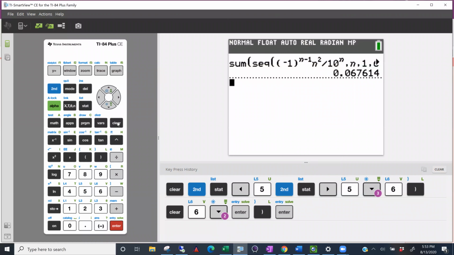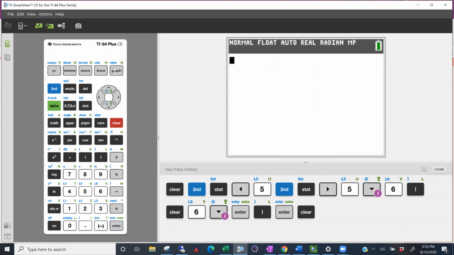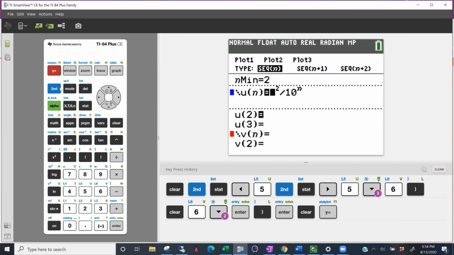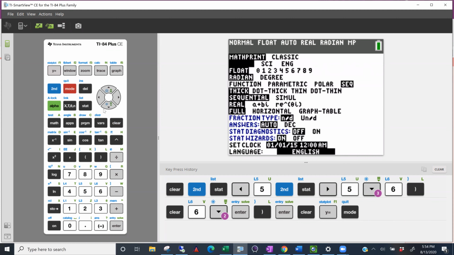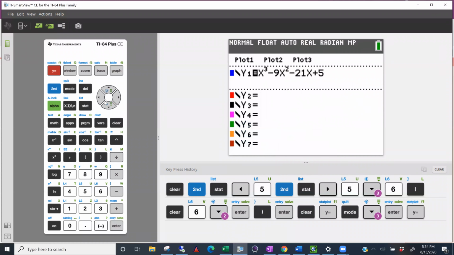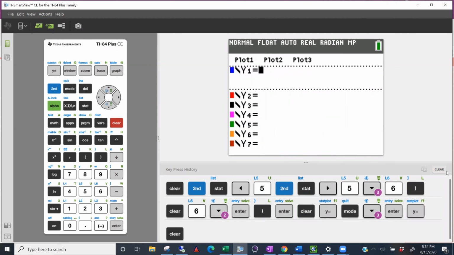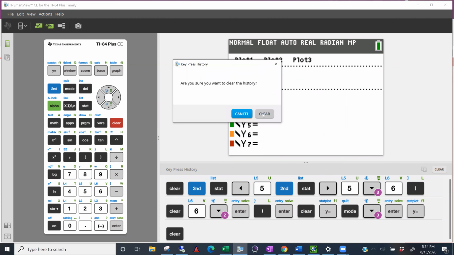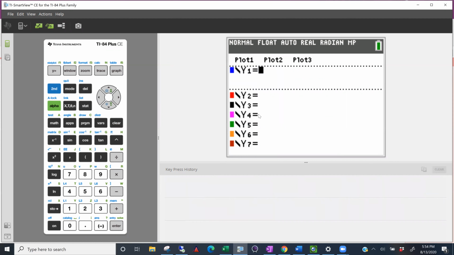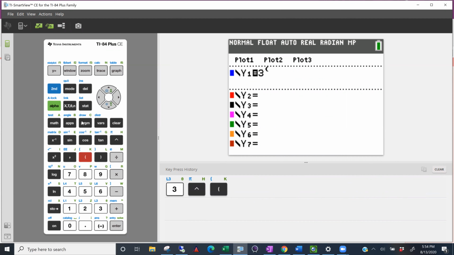So I'll clear out some old stuff here. Let's clear out my key history as well. And let's type in some functions. So 3 raised to the parentheses 5x, using x as opposed to n, 5x plus 7.